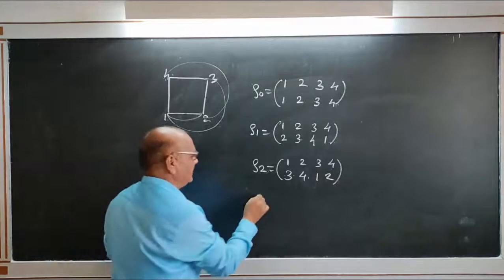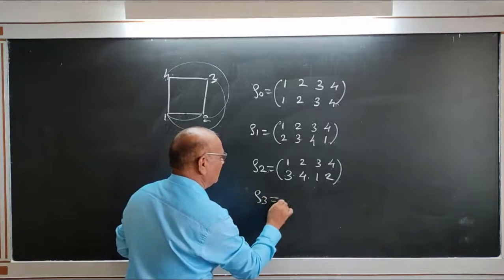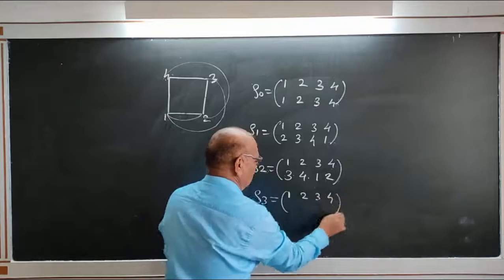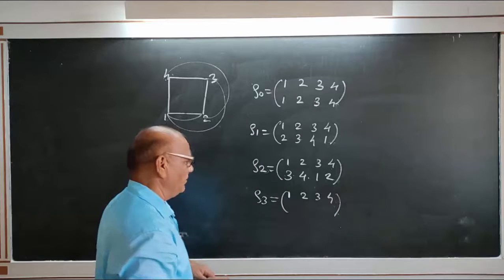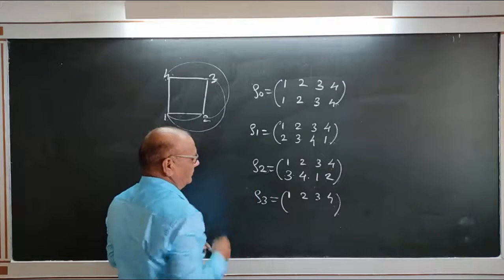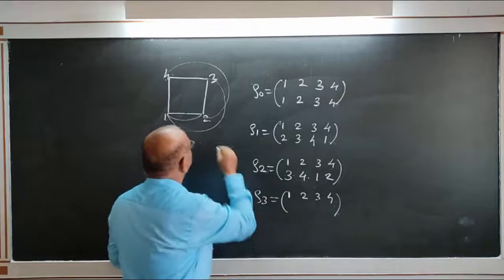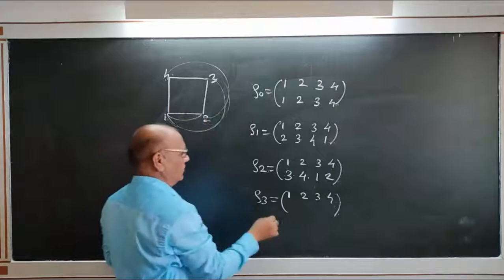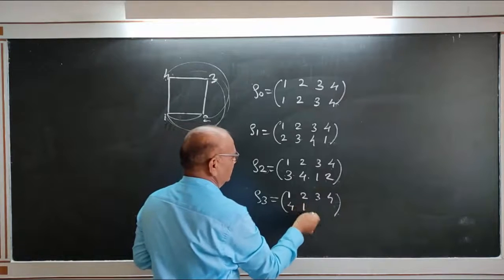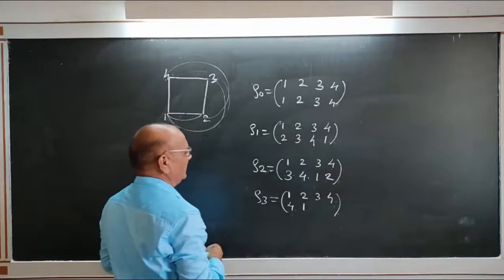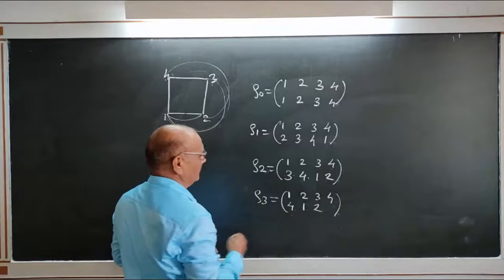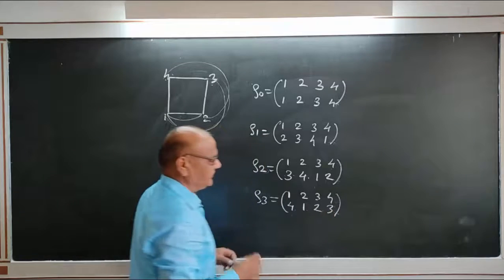Rho 3 is the 270 degree rotation. That means 1 goes to 4, 2 goes to 1, 3 goes to 2, and 4 goes to 3.